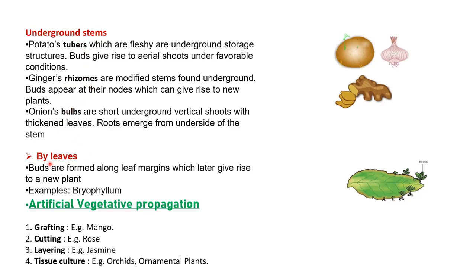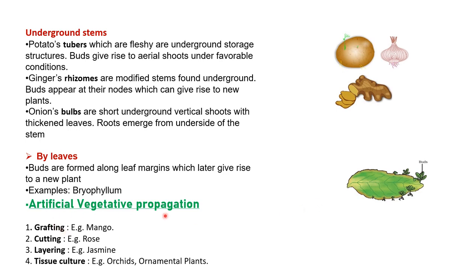Okay, then by leaves we did Bryophyllum. From the notches of the leaf, you can see the roots, adventitious roots, and from there you can see the small buds. You can separate these buds, grow them separately, right? So these are the different ways of natural vegetative propagation.